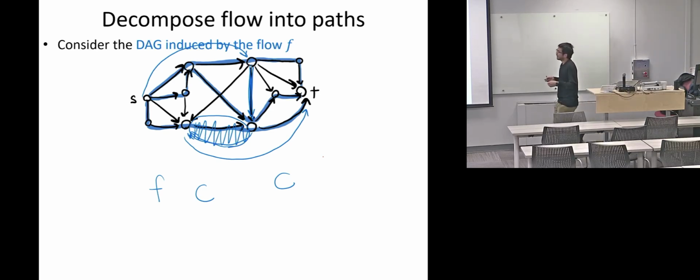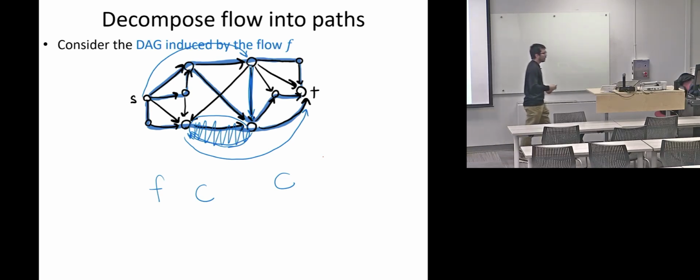Why is that? You need to check two things, right? Capacity and conservation. The capacity constraint is clear. You remove things, so capacity is even more respected. How about conservation?